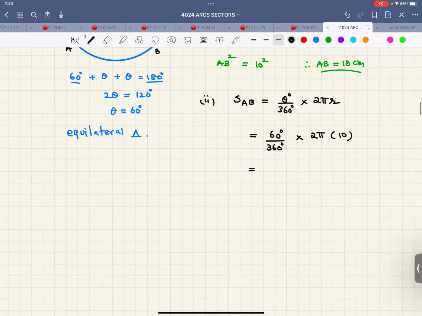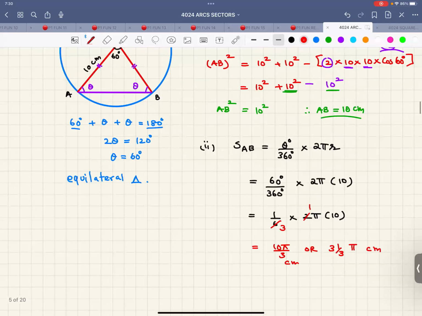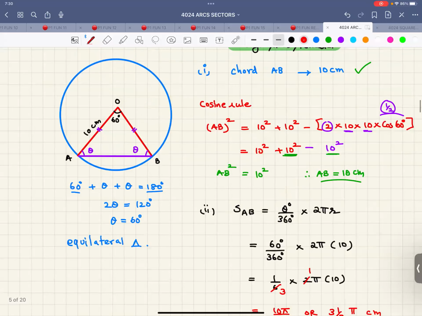So this is 1 over 6 into 2 into pi into 10. Let's cancel it out: 2 ones are 2, 2 threes are 6. This answer comes out to be 10 pi over 3, or I can write this as 3 1/3 pi centimeters. I'm treating it as a paper one question.